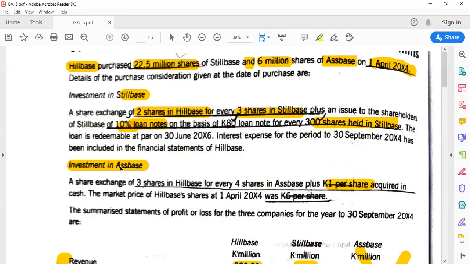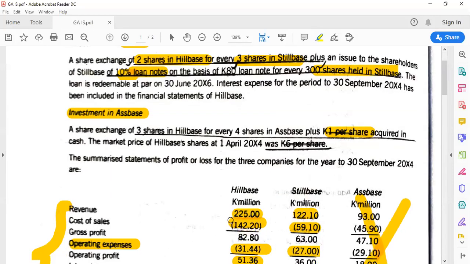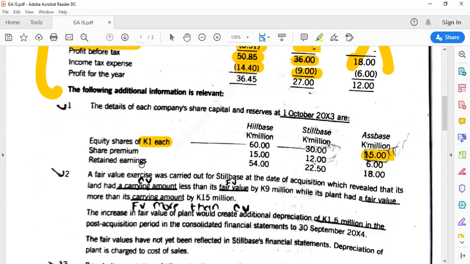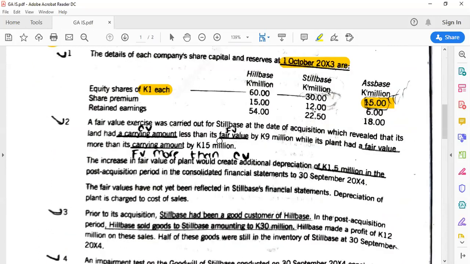So the first note is this: the details of the company's capital reserves at 1st October 2023. We don't care so much because we know this is coming to work for the net assets. We're going to use these. Now let's do the next note.